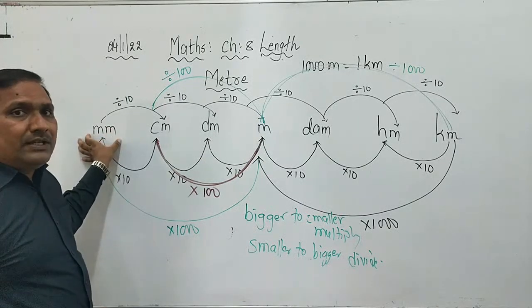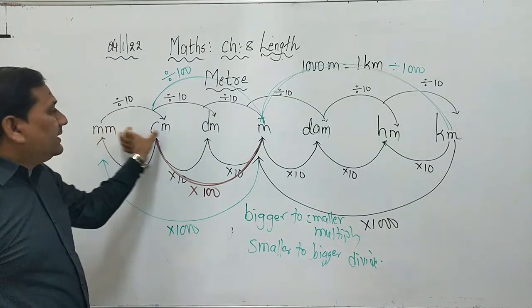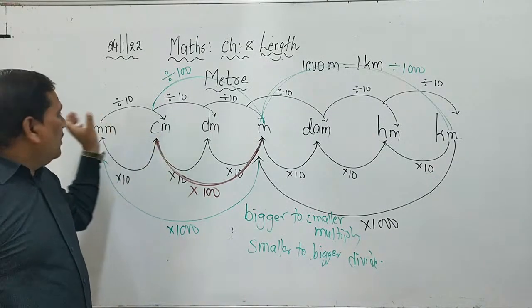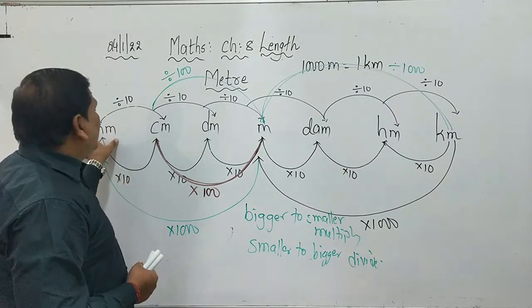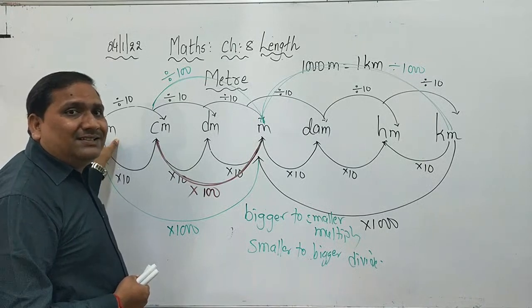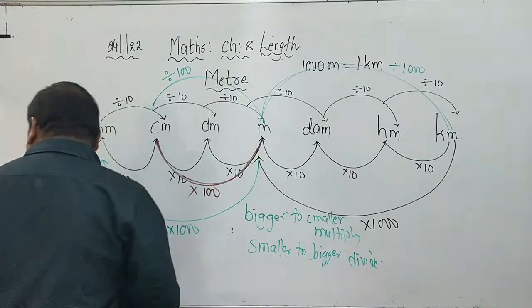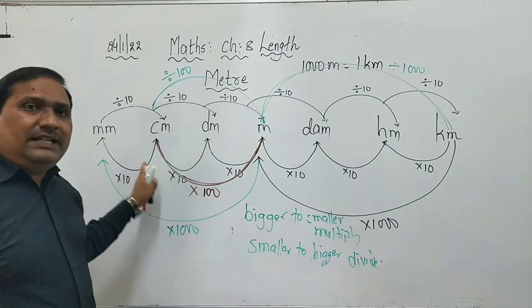Now, 10 millimeter makes 1 centimeter. So 1 centimeter is equal to how many millimeter? 10. This is clear, students.